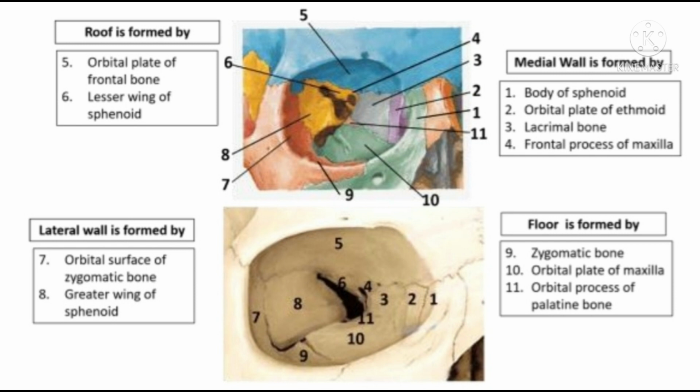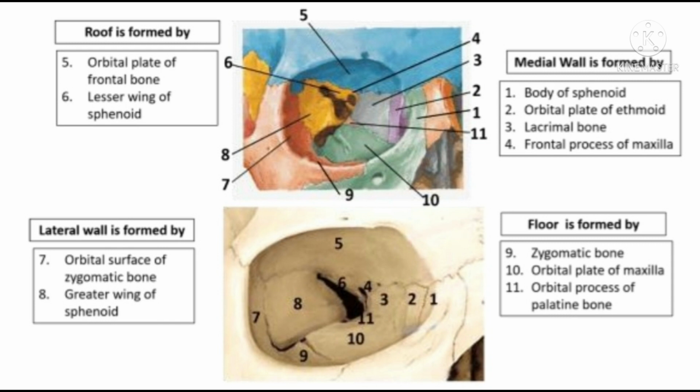Now we will talk about the floor. The floor of the orbit is formed by 3 bones, which are the orbital surface of the body of the maxilla, the orbital surface of the zygomatic bone anterolaterally, and the orbital process of the palatine bone posteromedially. So the mnemonic again for the floor is MPZ.